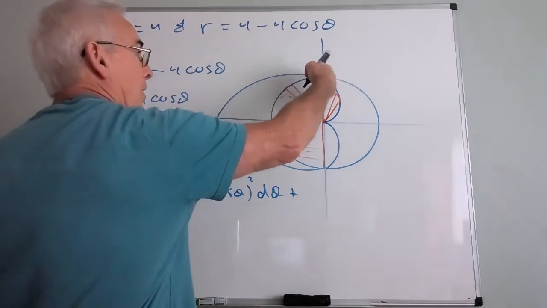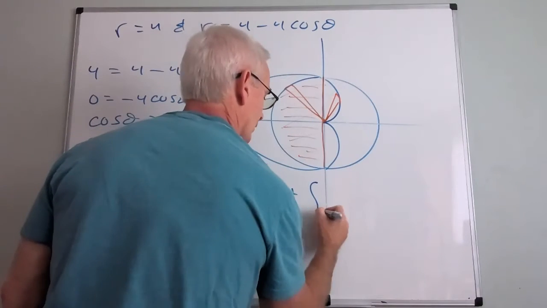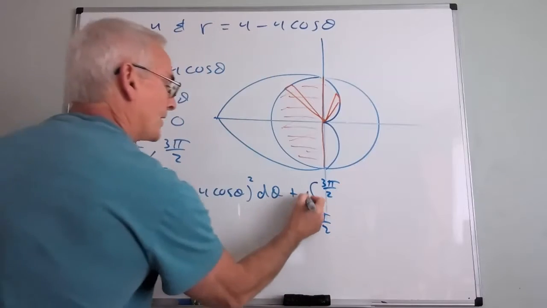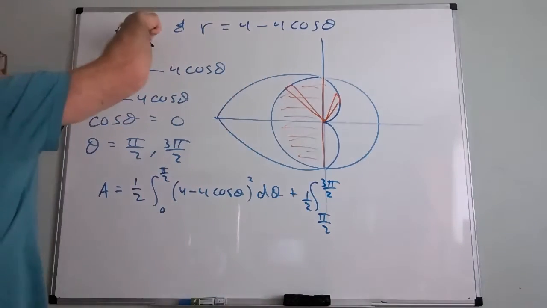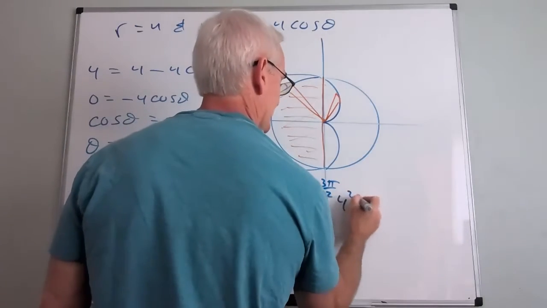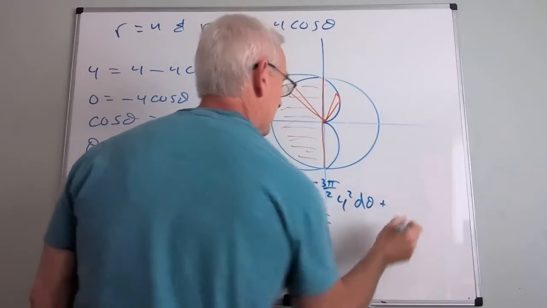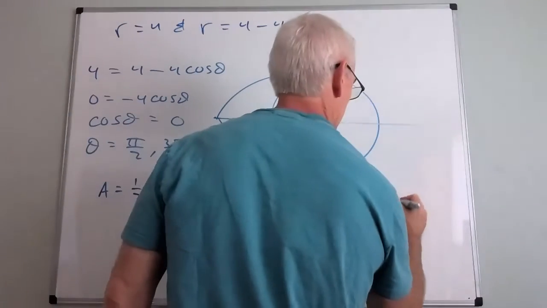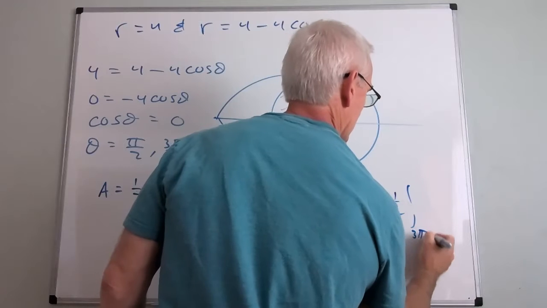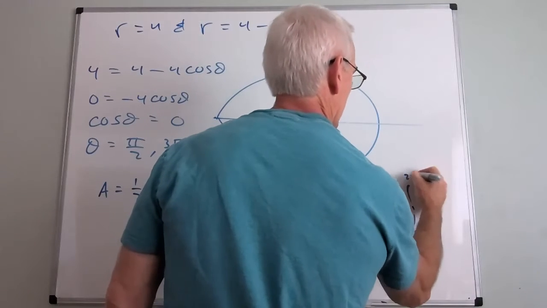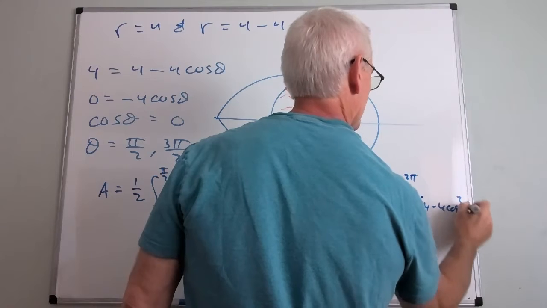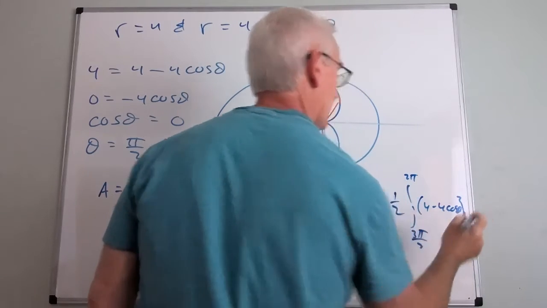Plus, from pi over 2 to 3 pi over 2, 1/2 r squared, but that will be my r. So that's just a constant. Plus 3 pi over 2 to 2 pi, and again, the 4 minus 4 cos theta squared, d theta.